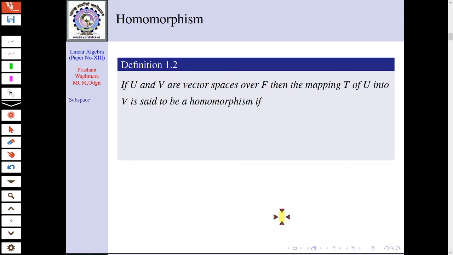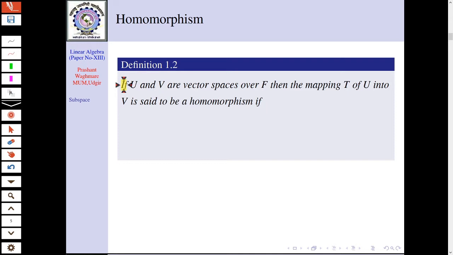Now let's see the definition of homomorphism of vector spaces. To define the homomorphism of vector spaces, one should have two vector spaces over the same field. So let us consider the definition.